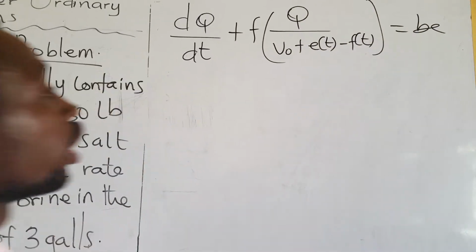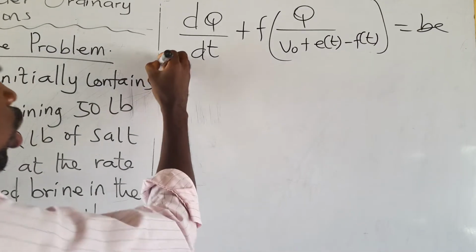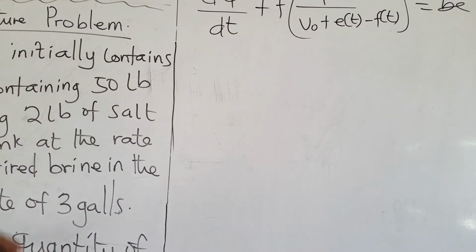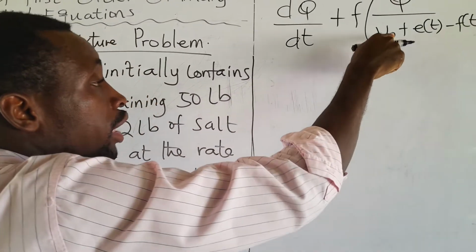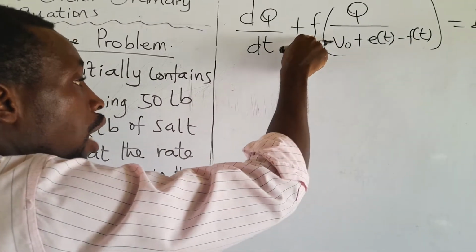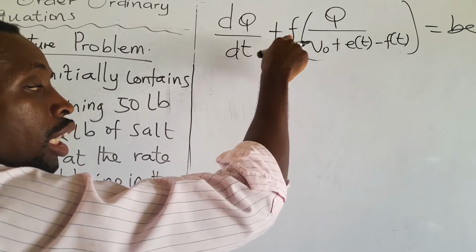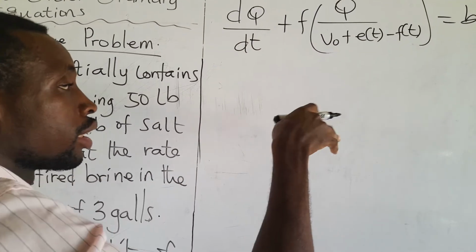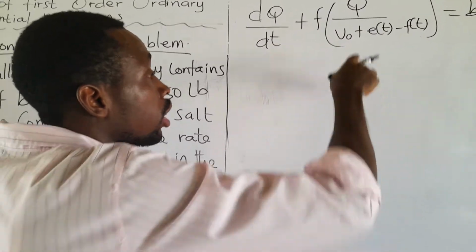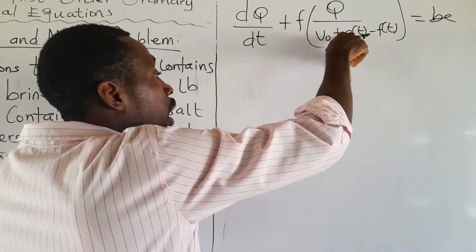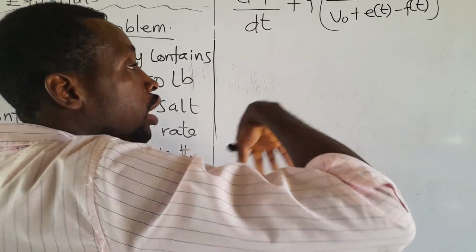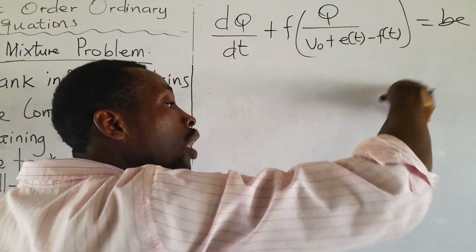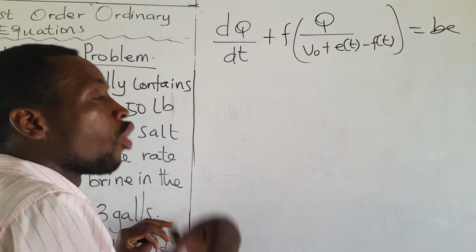So locate the necessary things. So the V naught is the initial volume of salt. F is the rate at which the solution is outlet, the well-stirred solution is outlet. E is the rate at which it was poured inside. And B is the quantity of salt solution that was added.